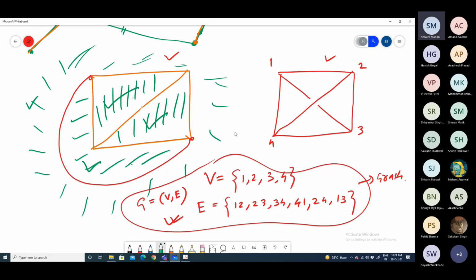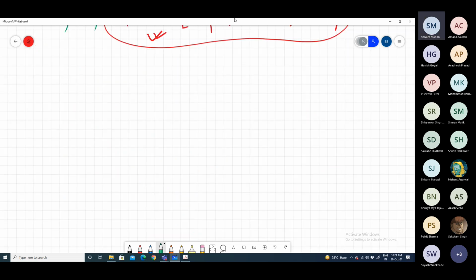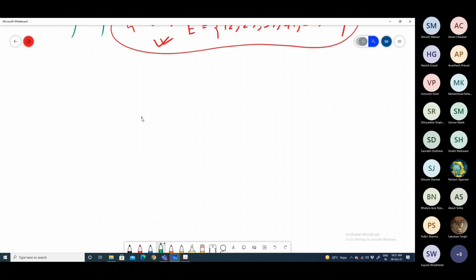Sir, can you explain again? What do you mean by removing the graph from the plane? Okay, suppose you have this graph, and you remove this graph from the plane. Then you have 2 regions, right? You are removing that curve, that whole curve, from the plane. So you just remove that green region.